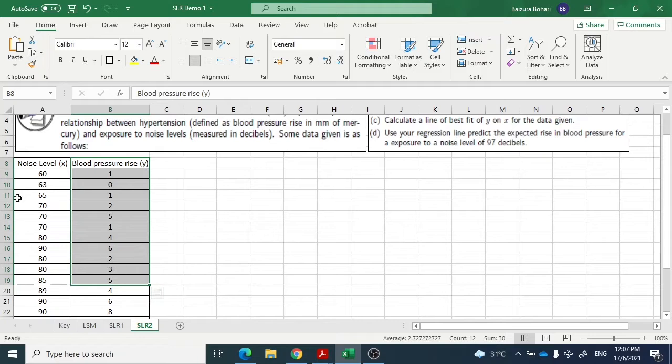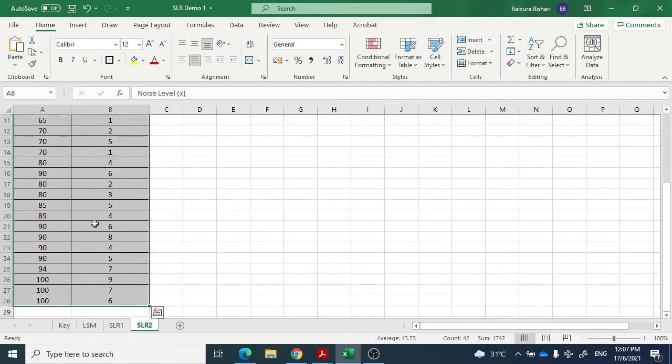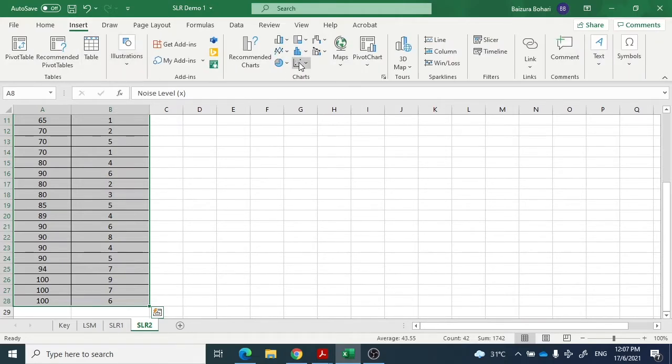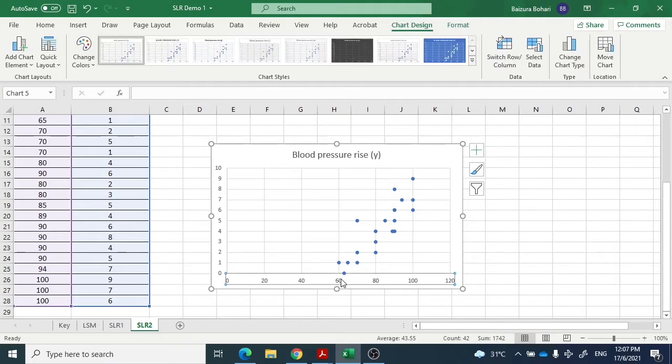So now we can select the data and then go to insert, scatter plot. There you have your plot. You can change the axis title later and also the range of the x-axis.